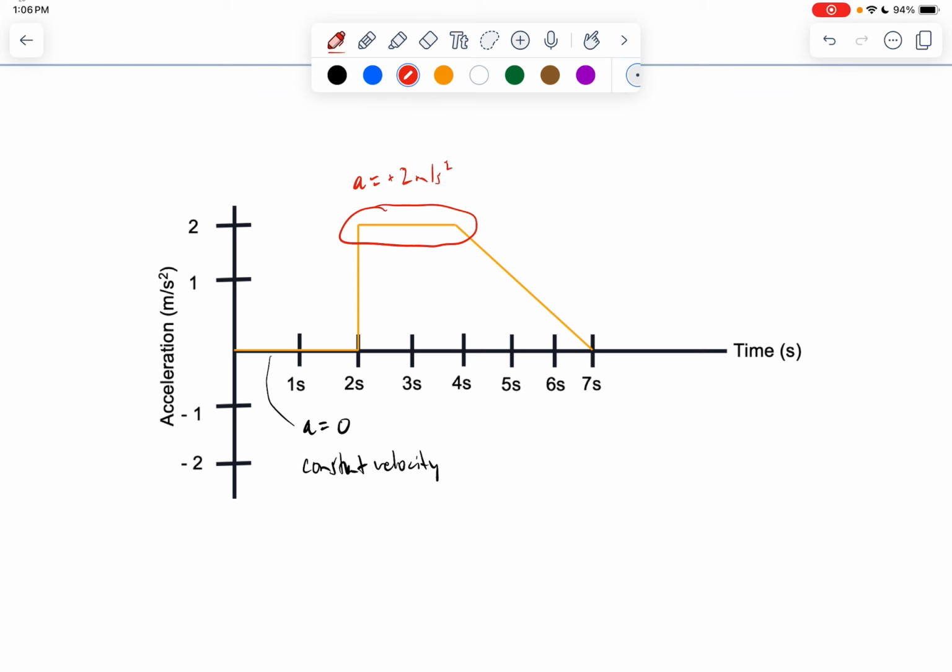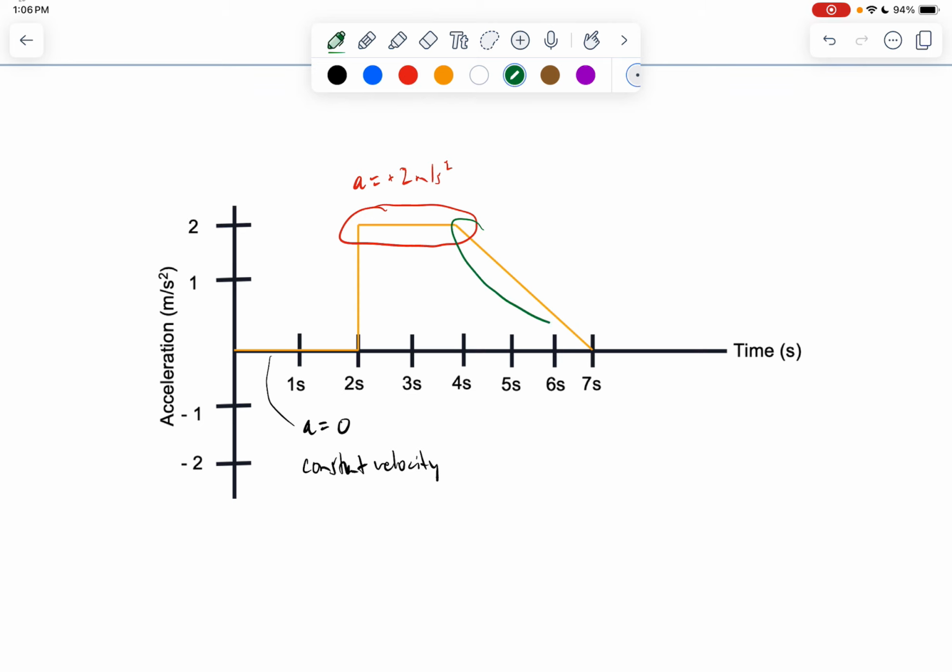What we would need from this portion is to know something about our initial velocity at that point to actually determine: are we speeding up while going forward? Are we slowing down while going backwards? I really don't know, but we do know there's going to be an overall positive acceleration.